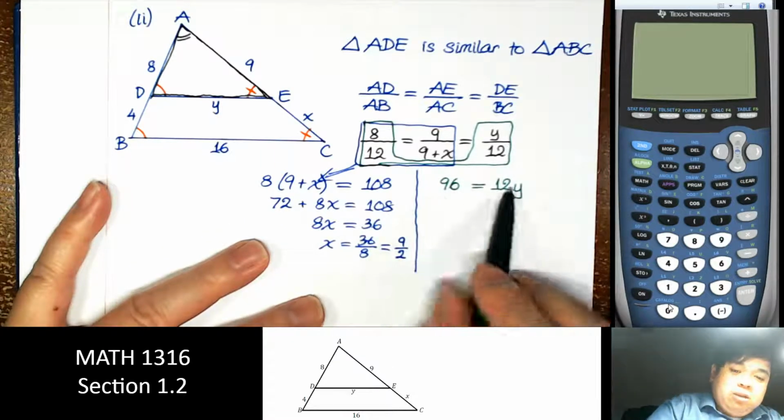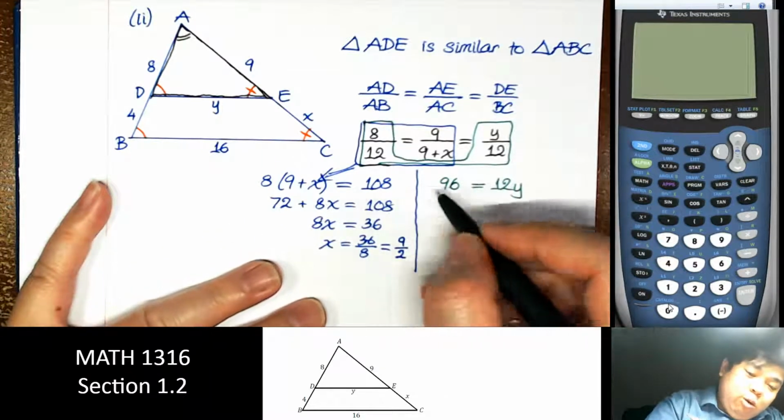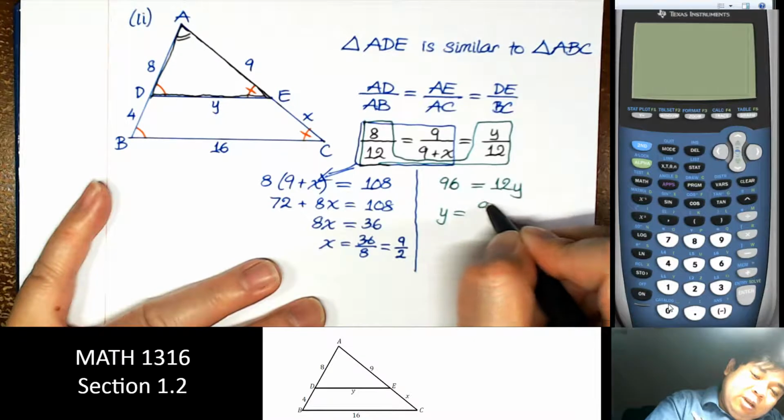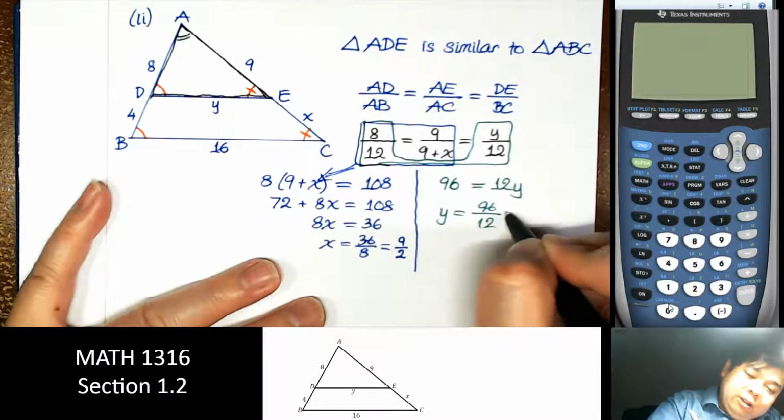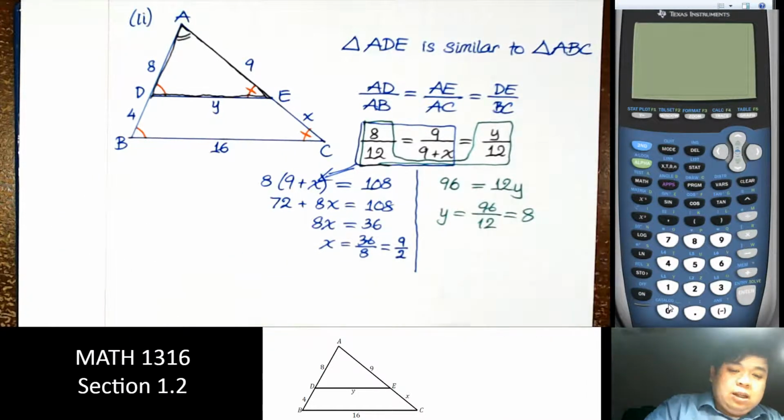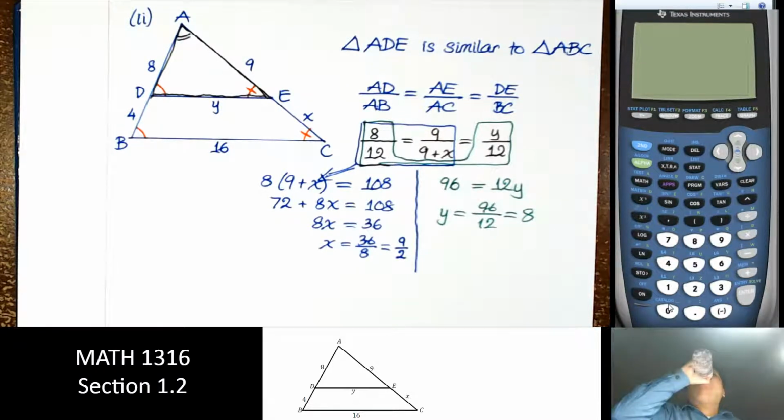Now this is easy, so for y, divide by 12 on both sides, so y is 96 over 12 is 8. So y is 8 and x is 9 halves, 9 over 2 or 4.5. Right.